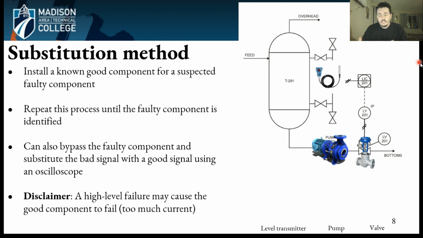So if there was an initial surge or a transient event that blew out the circuitry, because you had so much current running through your component, it's going to do it to the new one. So you need to make sure that if you install a new one, you're positive that that's not what caused the issue, and or you implement some sort of safety net in the circuit just to make sure.